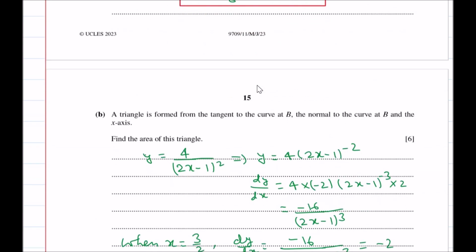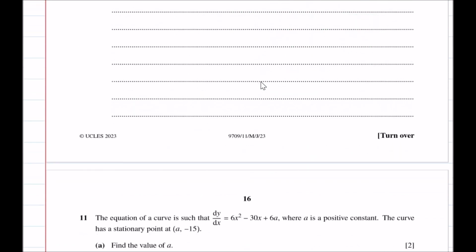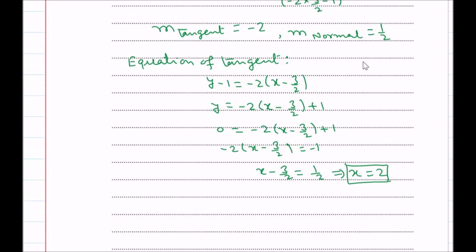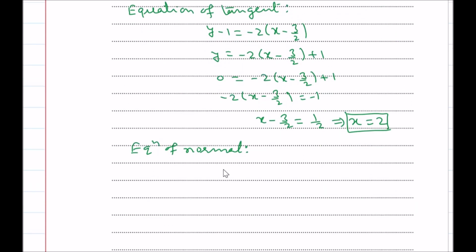Now we need to find n. To find n, what we need to do? We need to find the equation of the normal. Equation of the normal is y minus 1 equal to 1 by 2 into x minus 3 by 2, because the gradient for the normal is 1 by 2.